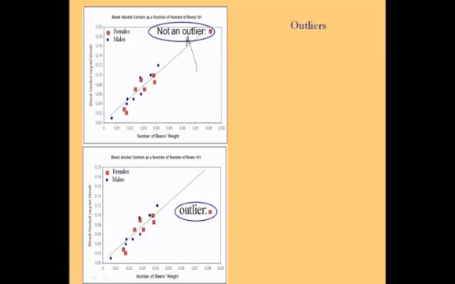So it is along the same pattern. As long as it's the same pattern, even though it's different from the rest, it's not an outlier. But this one is, because this is different from the pattern that we have constructed for the rest of the data. Therefore, it is an outlier. So just because something is far away doesn't automatically make it an outlier. That's why plotting it becomes very interesting, because you can immediately see that.